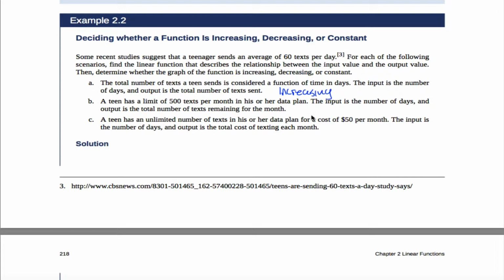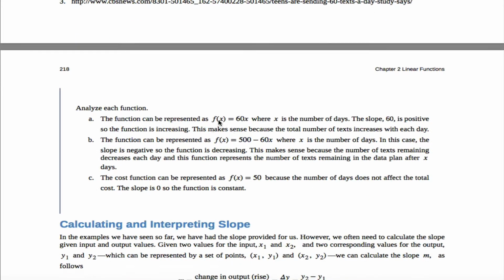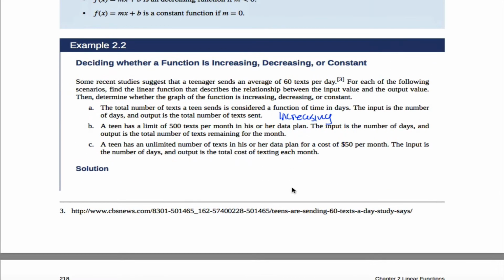Your book explains it by writing a linear function, f of x equals 60x. The input is x, and the slope here is 60, and 60 is a positive number, therefore this function is increasing, and that's fine. Another way you can look at it is it's increasing because the output goes up as the input goes up.